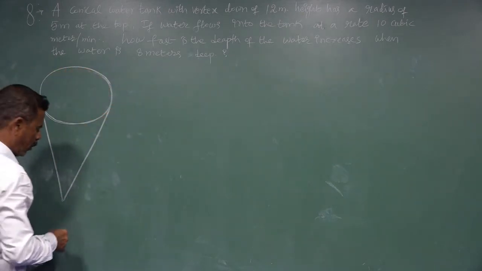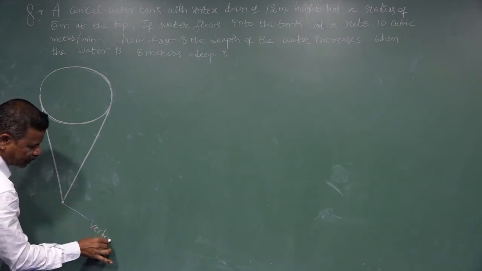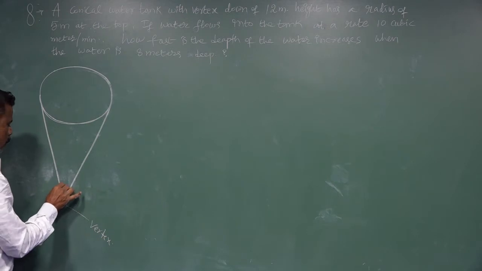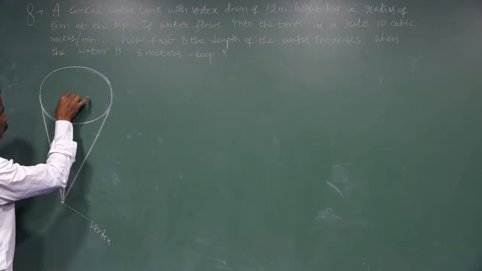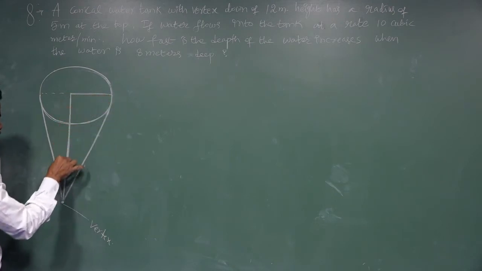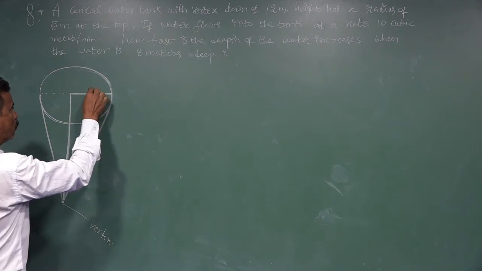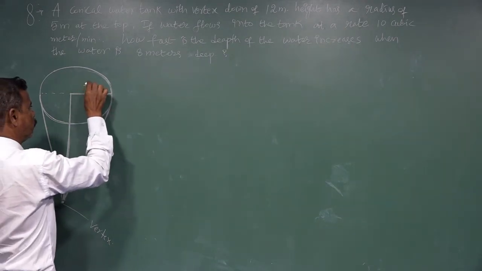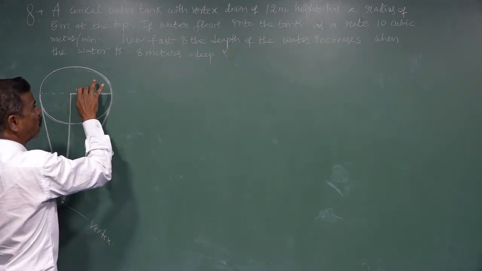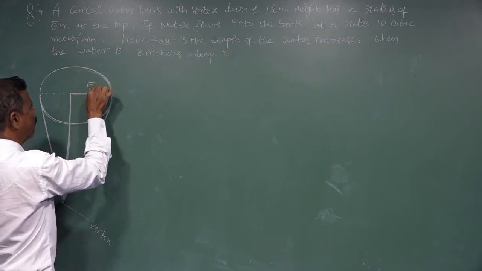This is the inverted cone, this is the vertex. This is the height of the cone. This is the radius of the cone, R. R is how much given? Radius 5 meters.